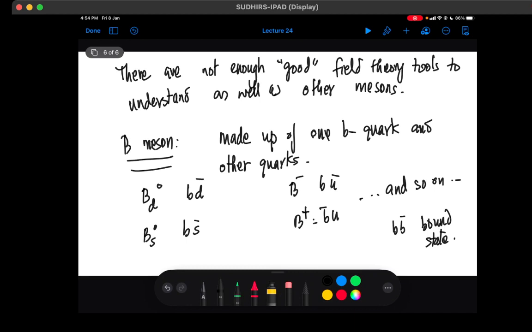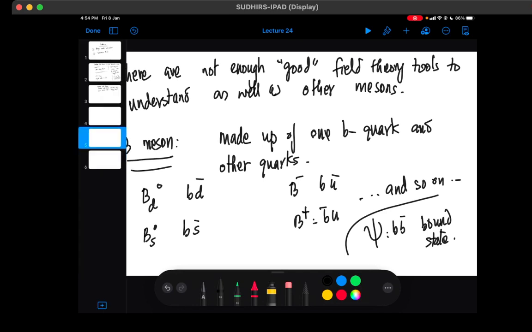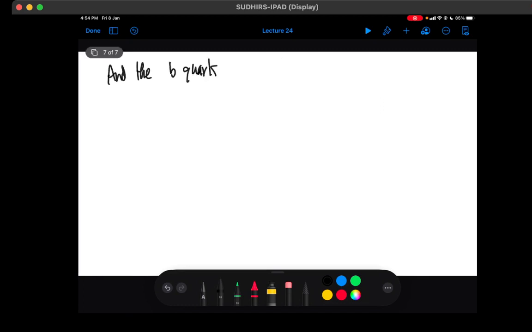There is a b b-bar bound state, the Upsilon 4S, which has been discovered much later than the J/psi, which is a c c-bar bound state. And the b quark has quantum numbers like the down type quarks.